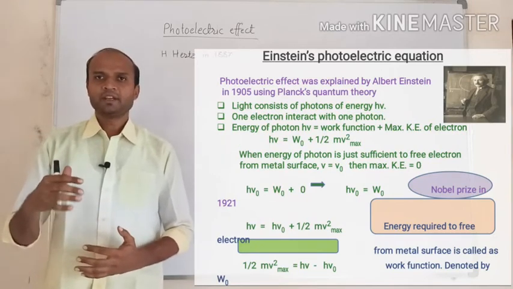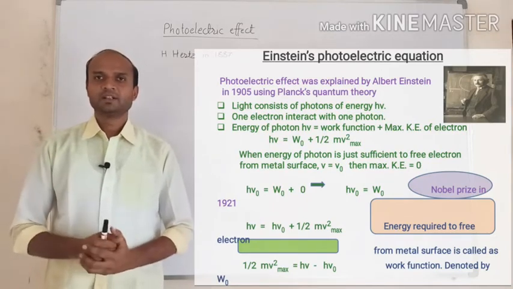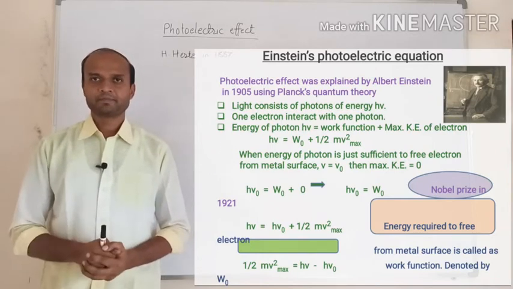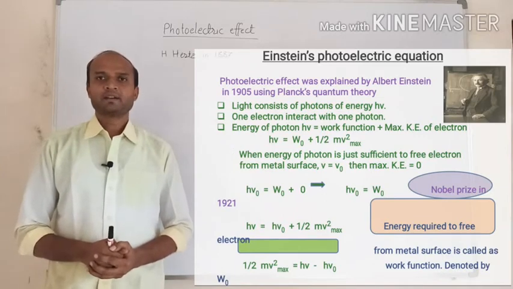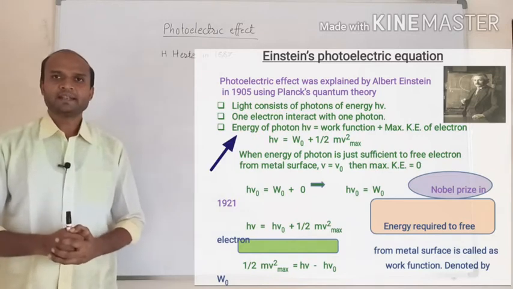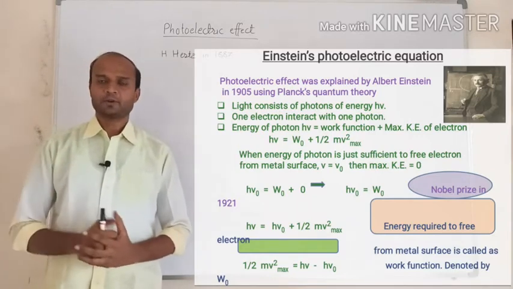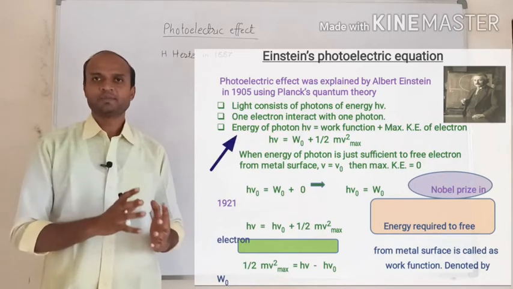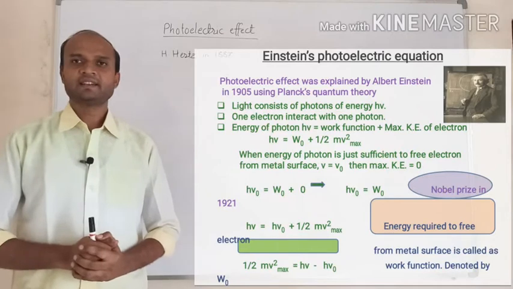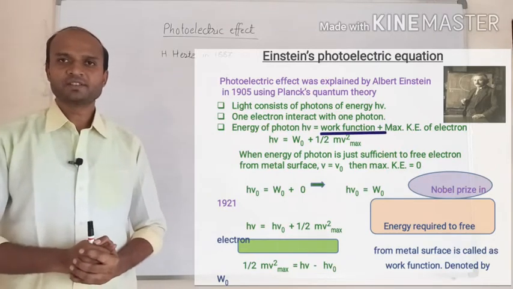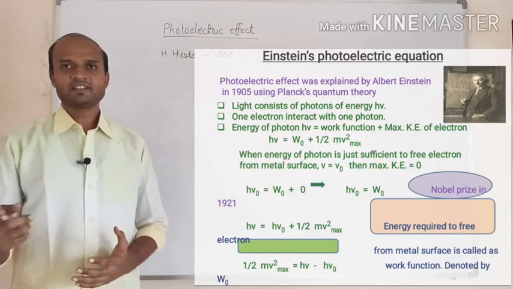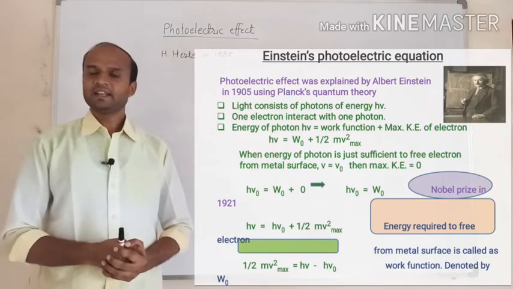Some part of the energy is given to the electron so that the electron becomes free, and the remaining part of the energy will act as the maximum kinetic energy of the electrons. So some part of the energy is utilized to free the electron from the metal surface, and that energy is called the work function, denoted by W0, and the remaining energy acts as maximum kinetic energy.